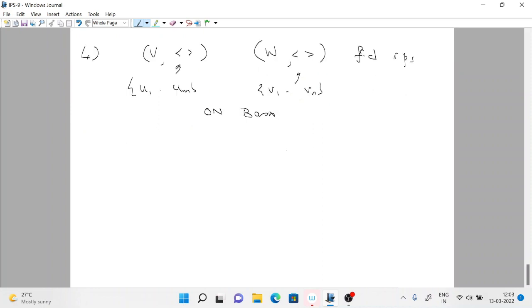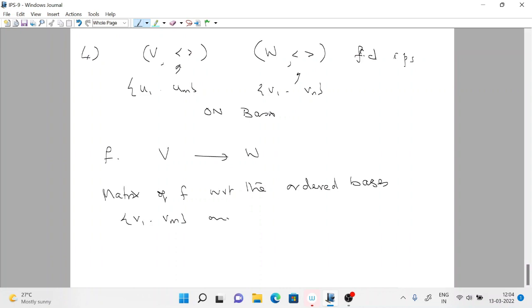Okay, good. Now, suppose f is a linear map from V to W. Since u1, u2, ..., um is an ordered basis and v1, v2, ..., vn is an ordered basis of W, we know how to write down the matrix of f with respect to the ordered bases. Let me quickly recall in case you have forgotten.